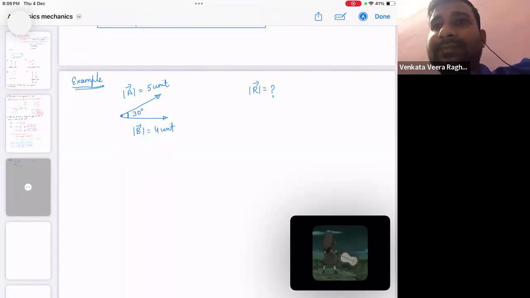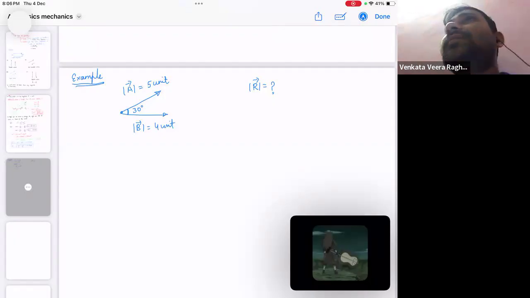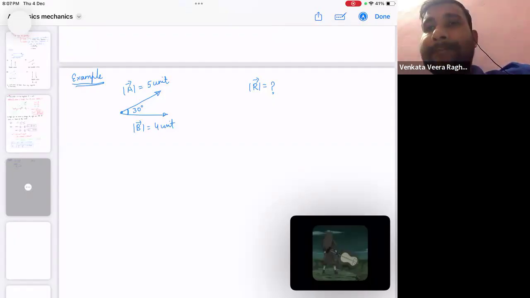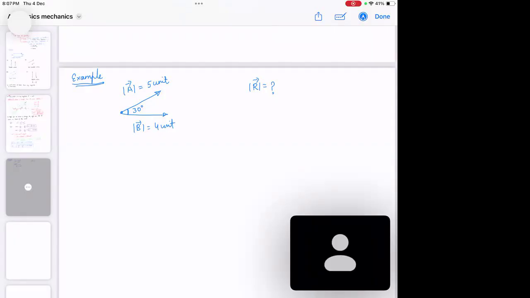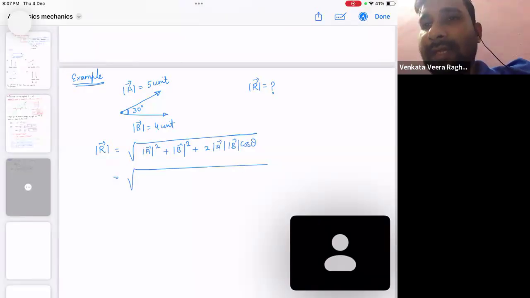Tell me, how do we calculate the magnitude of the resultant? Root of mod A square plus B square plus 2AB cos theta. Right. So we can use it here: magnitude of vector A square plus magnitude of vector B square plus 2 magnitude of A, magnitude of B, and cos theta, isn't it? This is what we should use. The first vector has magnitude 5 units.